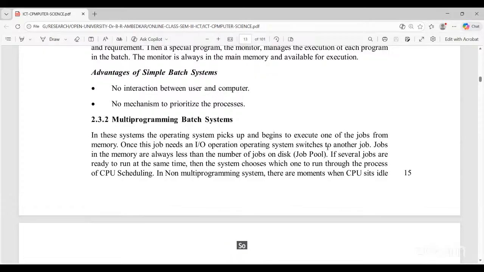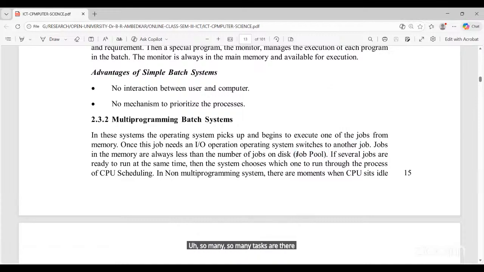Here the operating system switches. Switches means change. It will change to another job immediately. So many tasks are there.